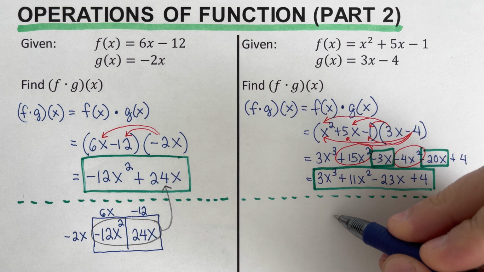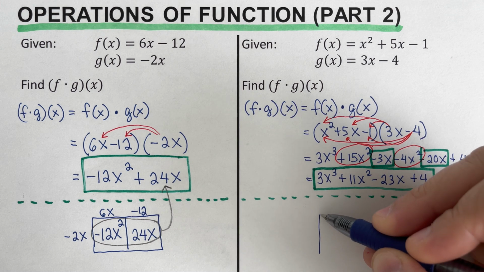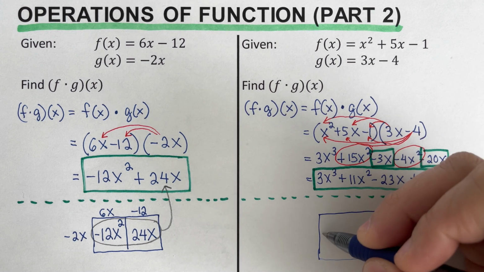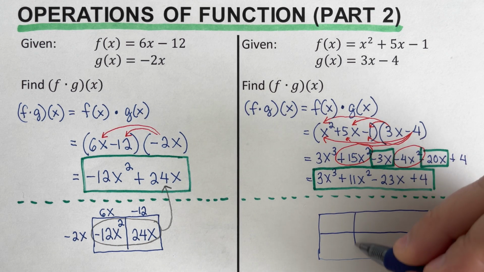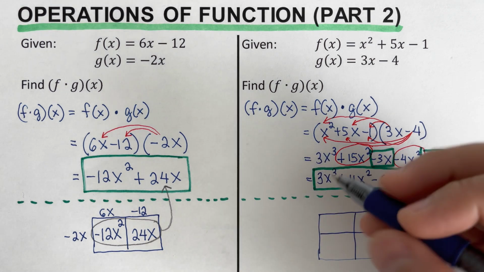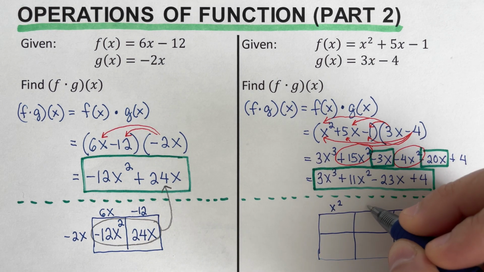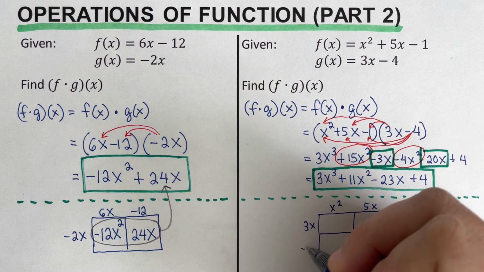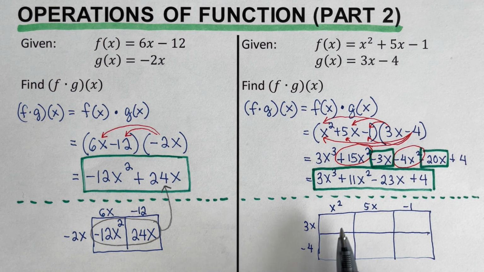So there are going to be 3 columns and 2 rows. It's going to look like this. Then we have the x squared, 5x, and negative 1, and then the 3x and negative 4. Then I'm going to multiply these together.